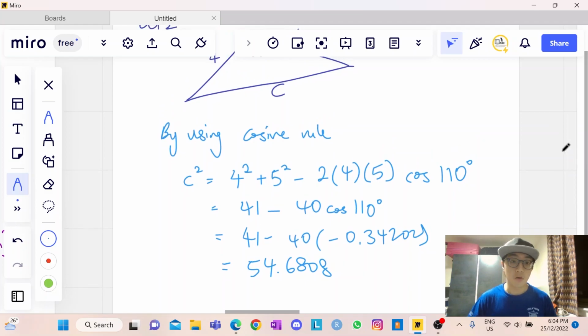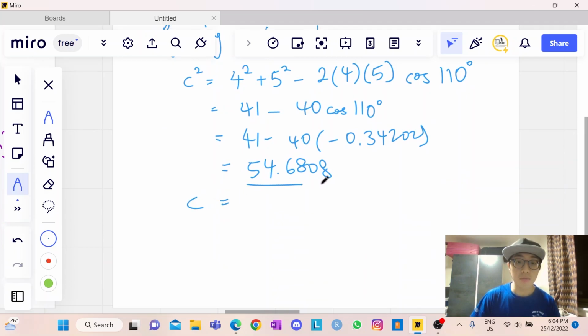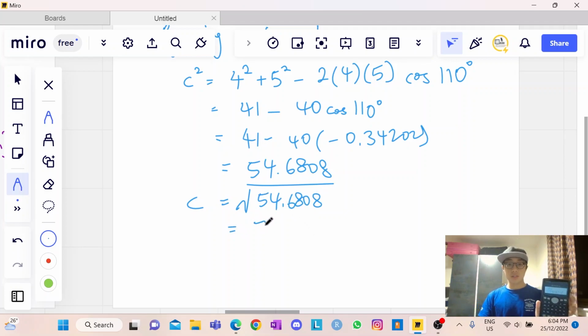If you leave this answer as your final answer for C, then congratulations, you are wrong, because you need to remember this formula is equal to c squared. So you need to remember to bring the square root over 54.6808. If you square root this, you will get the answer 7.39, to three significant figures.